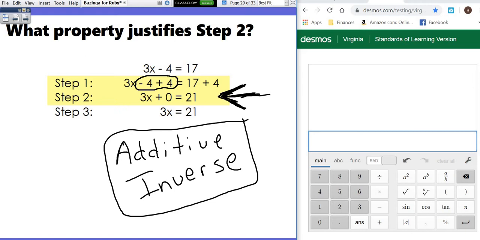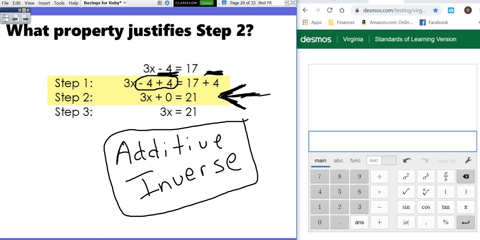All right, so what happened is you actually added 4 on this side and you added 4 on that side, okay, but you used it to get rid of the negative 4 over here and you just moved it to the other side of the equation, and that's known as the additive inverse property.